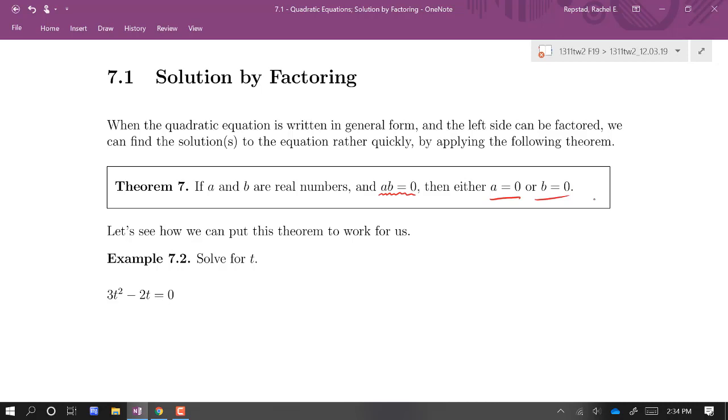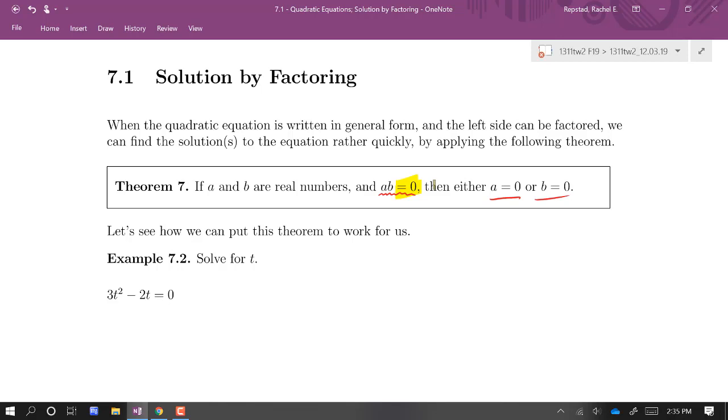So what's really important here, I'm going to really emphasize this. This is only true when it's equal to 0. If it's equal to any other constant over there, there's nothing that we can conclude. Like if I multiply two things and get 1, if they're two real numbers, there's actually infinitely many real numbers I can multiply by to get 1.